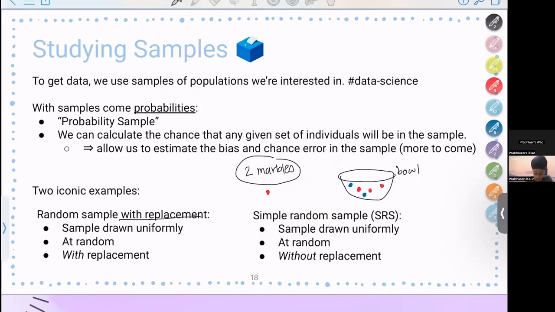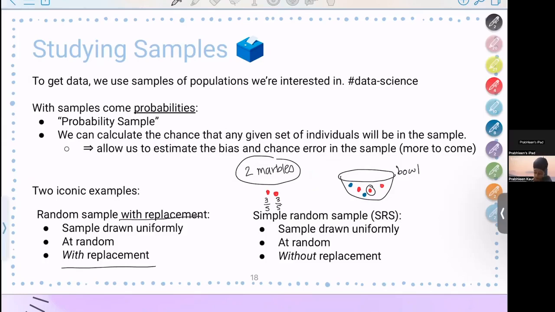If you want to say it, with replacement, I'm replacing the red marble in the bowl before choosing my next marble. So then I would choose another marble at random, and let's say I get another red marble. The point is that both times I was choosing a marble, I had the same chance of getting a red marble, a 3 out of 5 chance. And the second time I did it was still a 3 out of 5 chance to get a red marble.